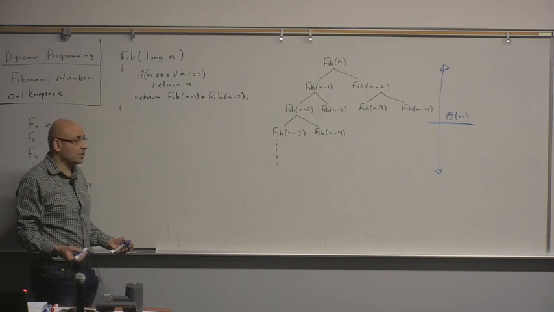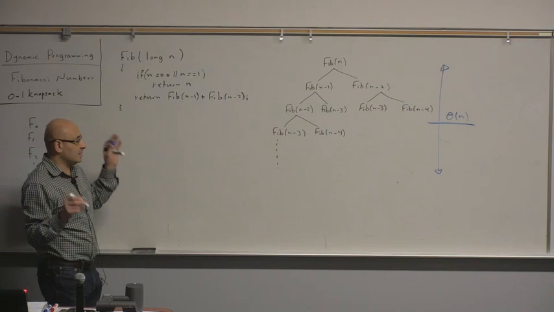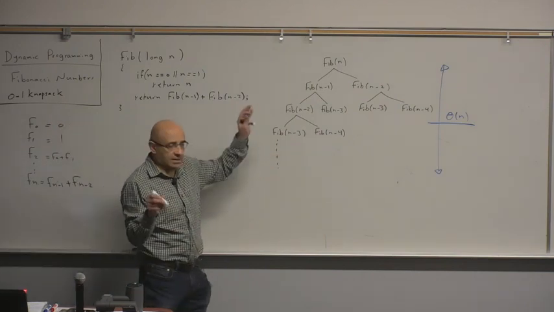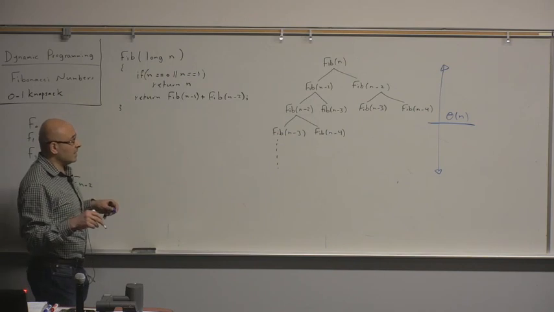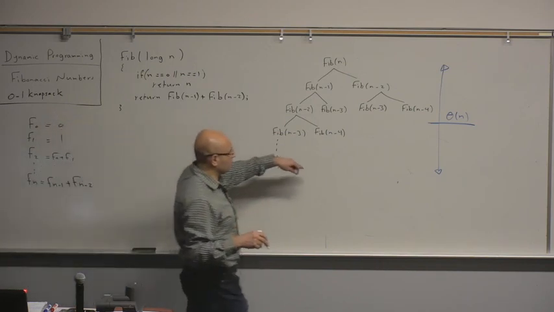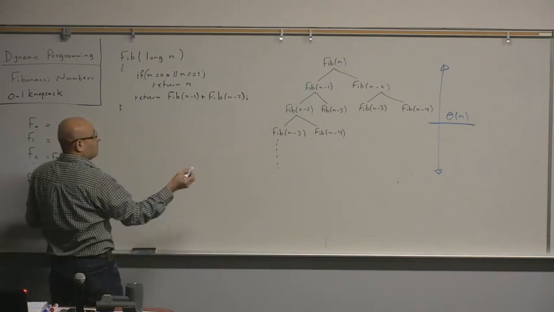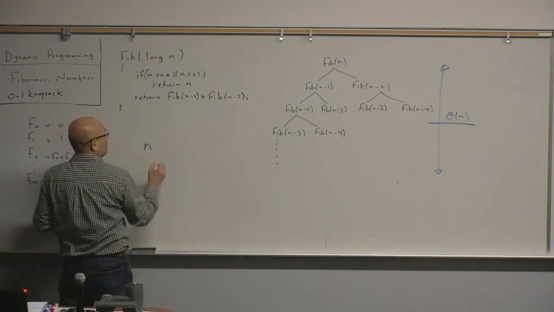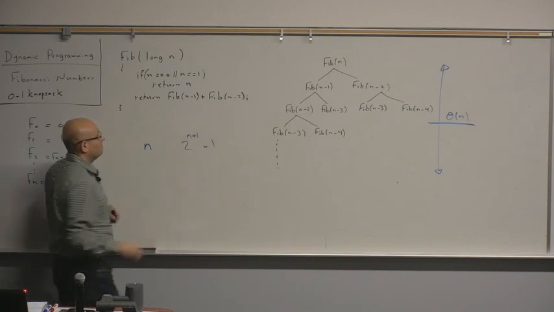Yeah, it's exponential, right? Assuming that it's a complete binary tree, it's not complete, because some end at 1, some end at 0. But for a good approximation, assuming that it's a complete binary tree, if the height is n, then we have 2^(n+1) minus 1 nodes.